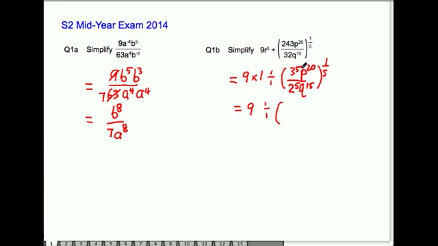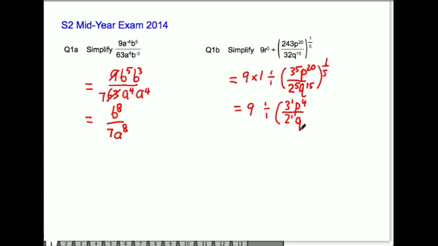Next, we multiply the inner power by the outer power, 5 times 1/5 to give you 1. Similarly, in the denominator, 2 to the power of 5 times 1/5 is 1. And p to the power of 20 times 1/5 is p to the power of 4.